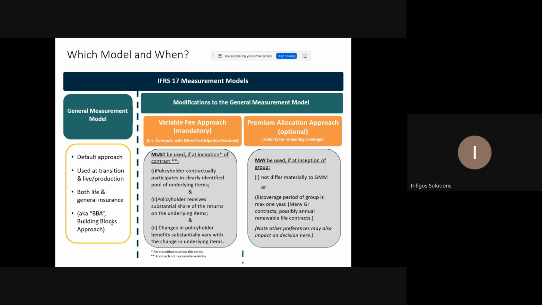It's called the building block approach. Variable fee approach is basically where an investment component is involved. Insurance policy money is invested in stocks, mutual funds, hedge funds, options, etc., where you can get some return for your customer. Premium allocation approach is used mostly for contracts of one year or less.